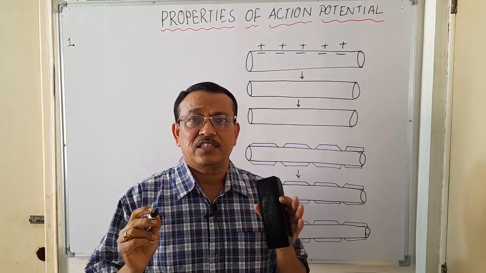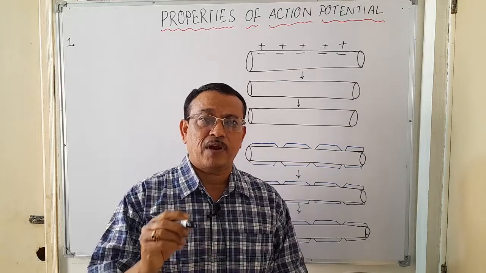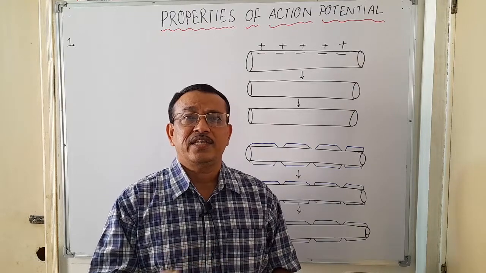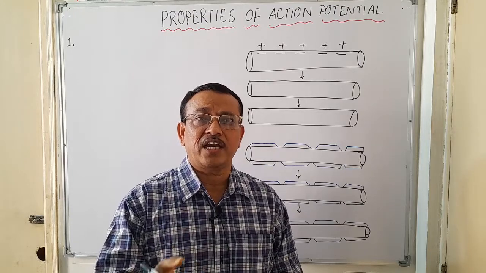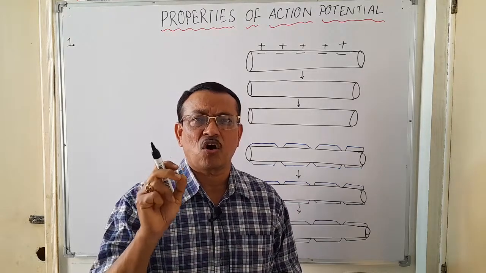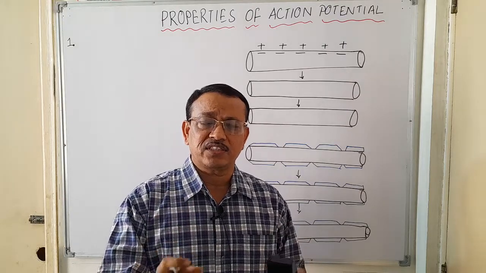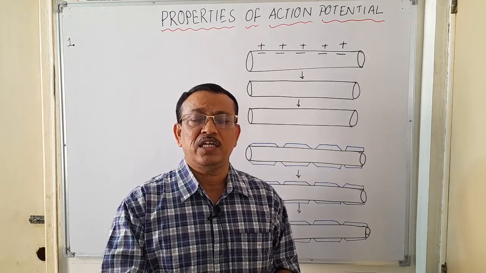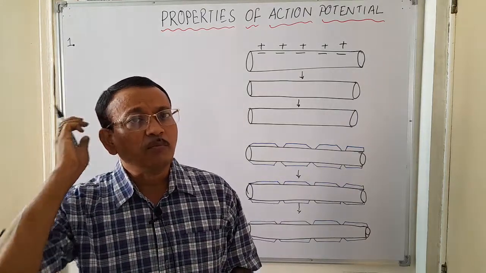If a stimulus of threshold intensity is applied to the cell membrane, then there is a reversal of the inside electronegativity of the cell membrane for a very short period, and this reversal, this inside electropositivity of the cell membrane with respect to the outside, is propagatory in nature.